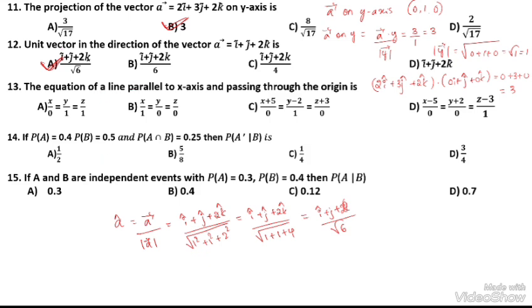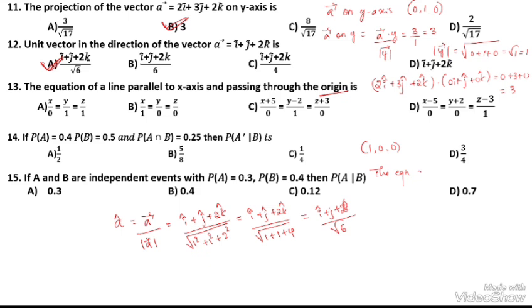The equation of a line parallel to the x-axis and passing through the origin. Parallel to the x-axis means only the x component will be present. That is 1, the y component is 0 and the z component is 0.